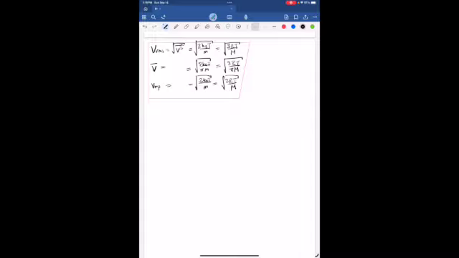Okay, this was it for the kinetic theory of gases chapter. Next, we move to the second law of thermodynamics chapter, and we started by defining a heat engine. So a heat engine schematically has a high temperature reservoir.